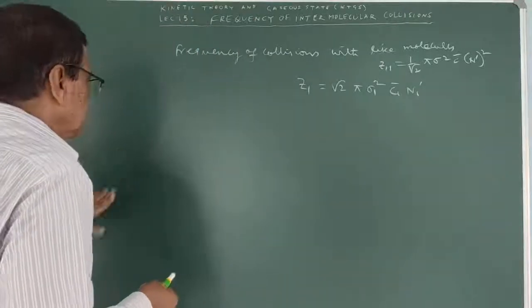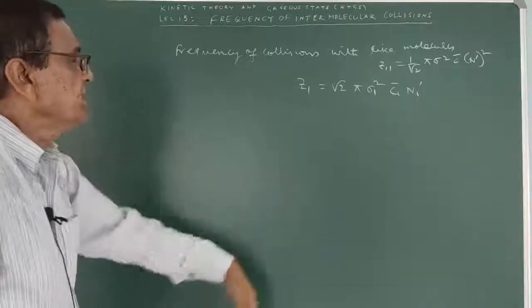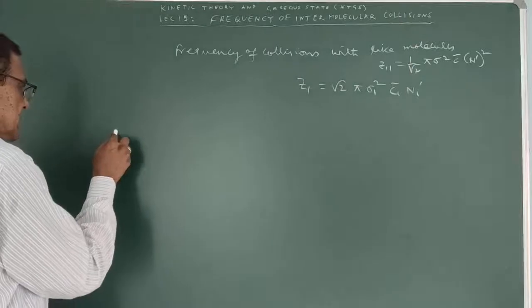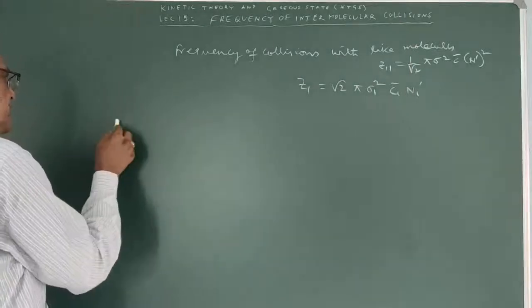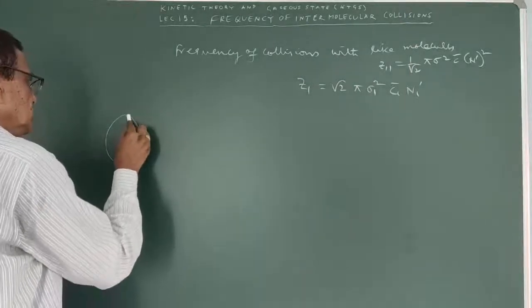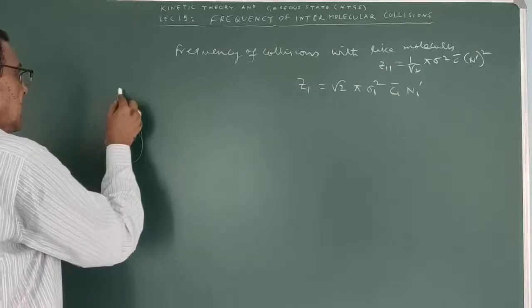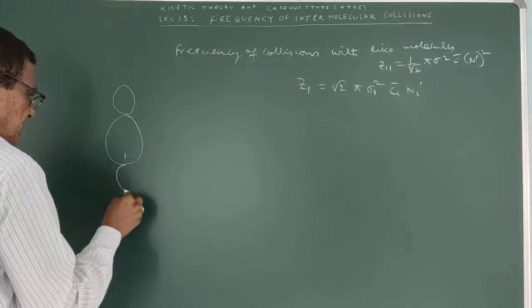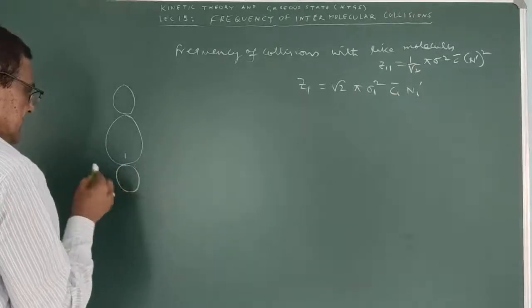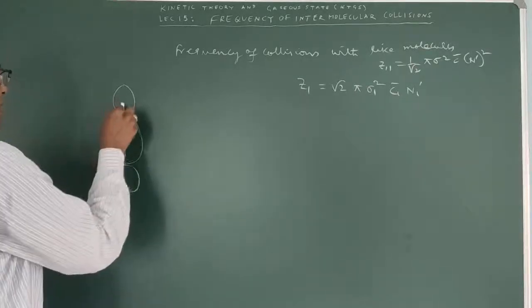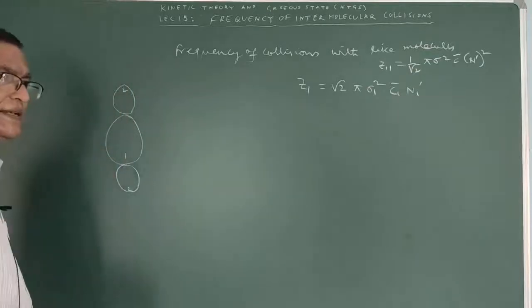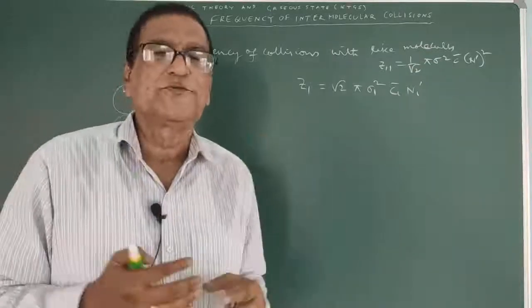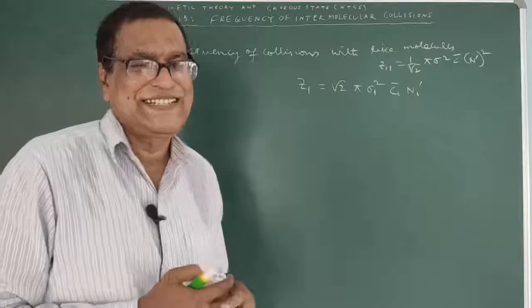So for the calculations, let us find, whenever, say, here it is the first type molecule and this is the second type molecule. Different gases will have different molecular sizes.